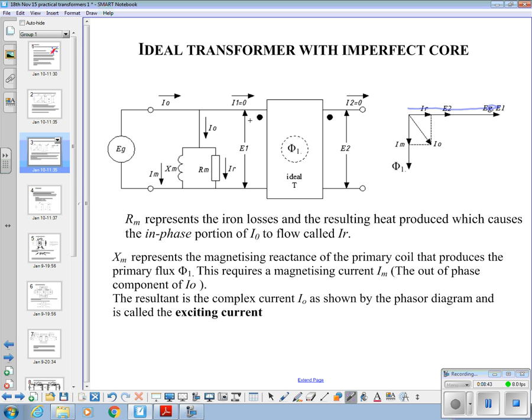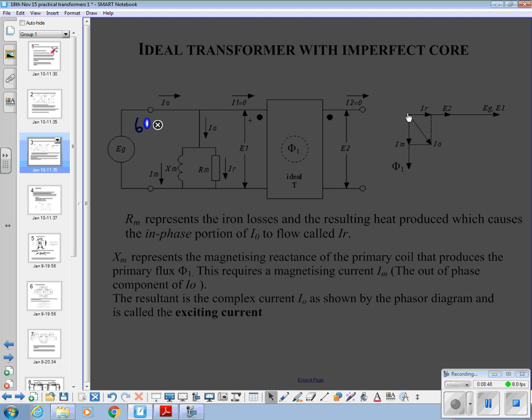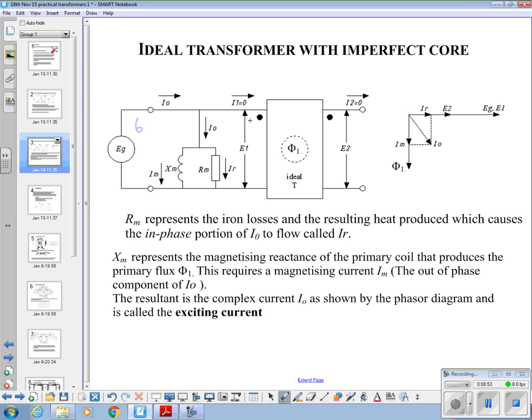So if this is 600 volts, angle 0 degrees, then that current, because that's through a resistor, is also angle 0 degrees, so these two are in phase. The secondary voltage also must always be in phase with this voltage there. Those two must also be in phase with each other.